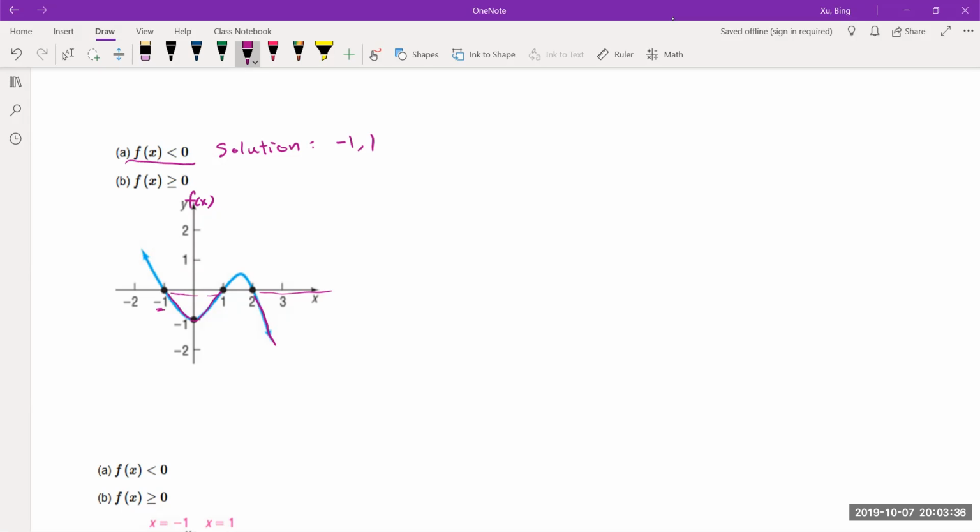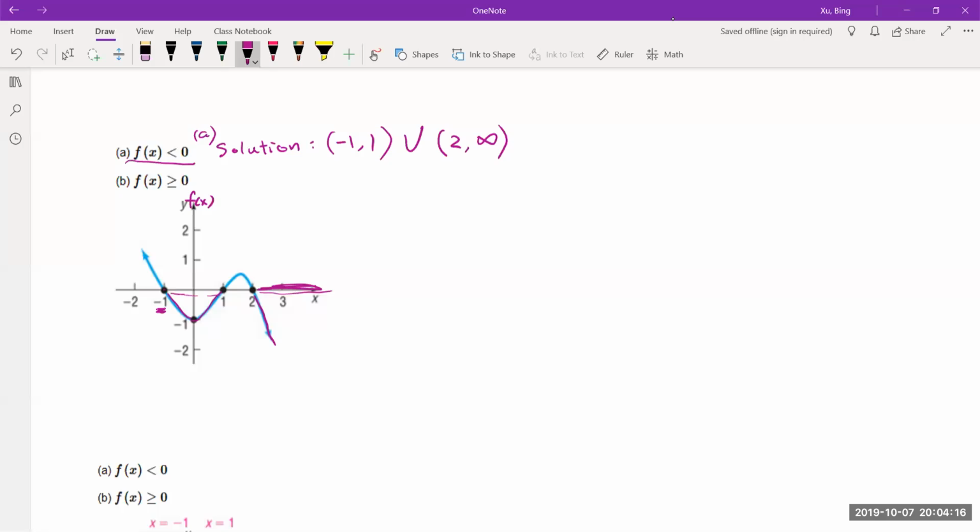If you include -1, that means when x is equal to -1, f of x is equal to 0. That doesn't satisfy the inequality. So you shouldn't include -1 or 1, because they make f of x equal to 0. Union this interval, which is from 2 to infinity. Also, 2 is not included because 2 makes f of x equal to 0. So that's the solution to the A part.